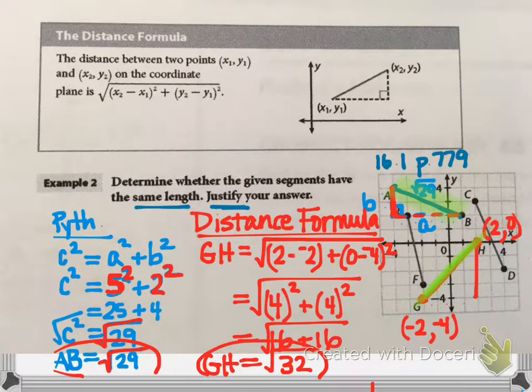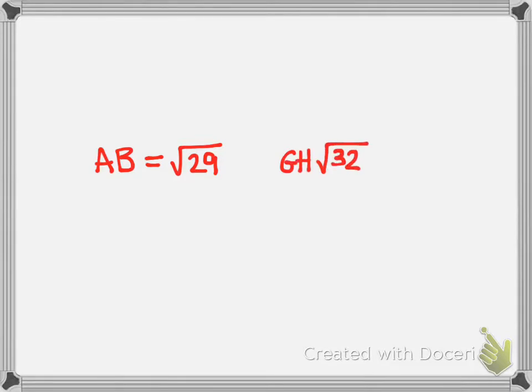So if we were going to write the final answer, we would say the length of AB, the distance between points A and B, was the square root of 29. But the distance between G and H was the square root of 32. Those are not equal to each other.